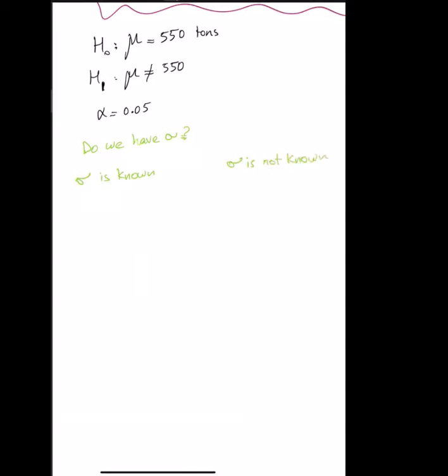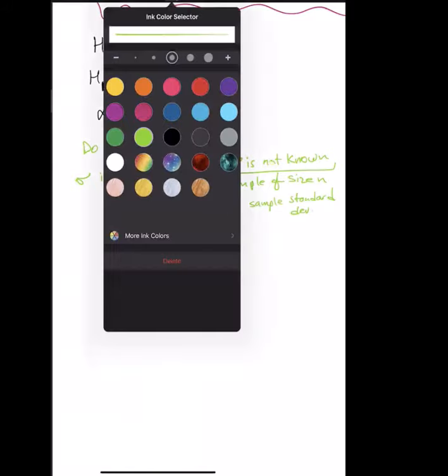If sigma is not known, then you have to take a sample of size n and look at the sample standard deviation s. Similar to the rule for confidence interval.